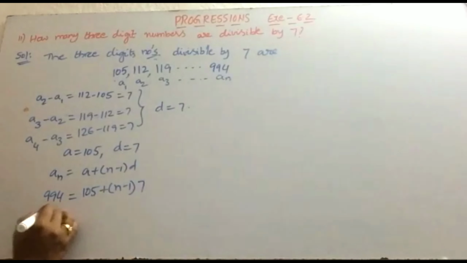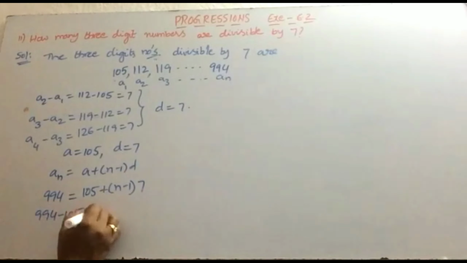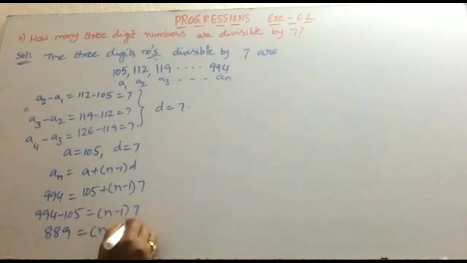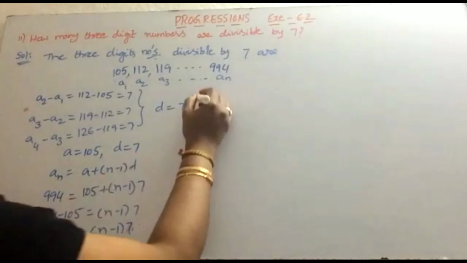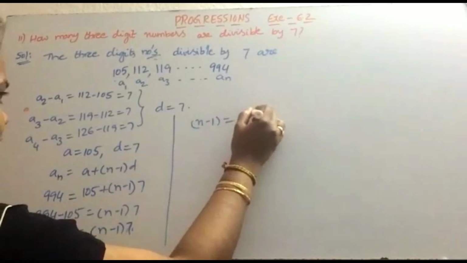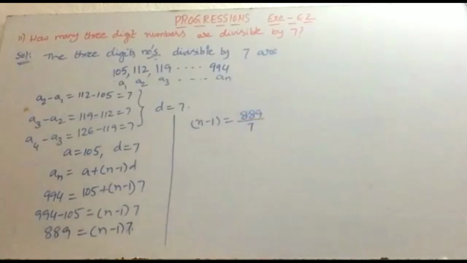So 994 minus 105 is equal to N minus 1 into 7. 994 minus 105 is 889, so 889 equals N minus 1 into 7. So N minus 1 is equal to 889 by 7.